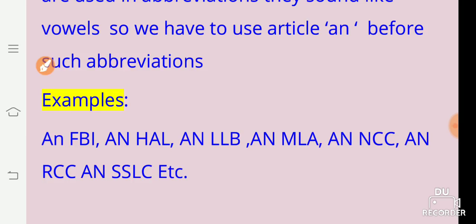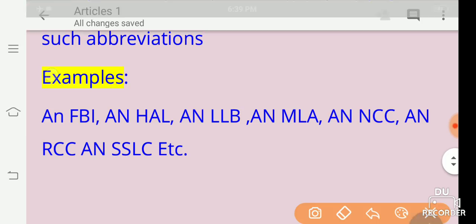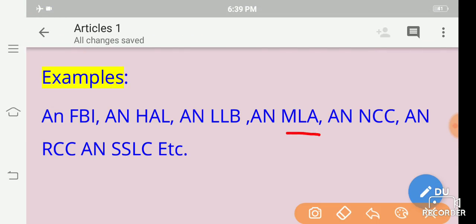And HAL. You know the full form of HAL, Hindustan Aeronautics Limited. Like an LLB, an MLA, an MP. Many questions are asked on this in most of the competitive exams. An MLA. There will be a blank before MLA or abbreviations beginning with M, and then they ask you to fill in the right article. There we have to go with an, friends, because this MLA abbreviation begins with a vowel sound.